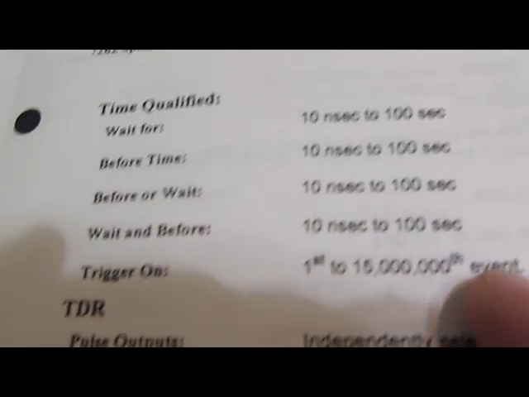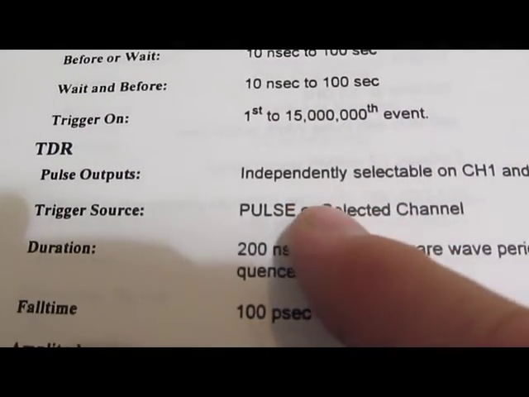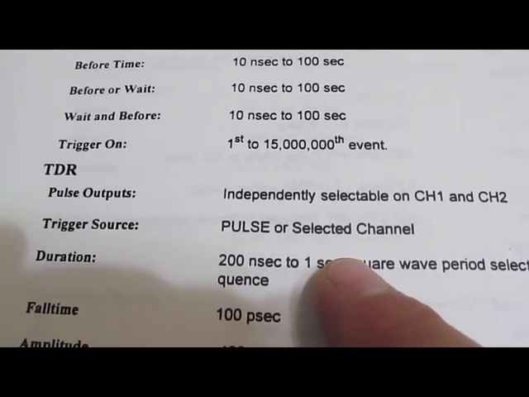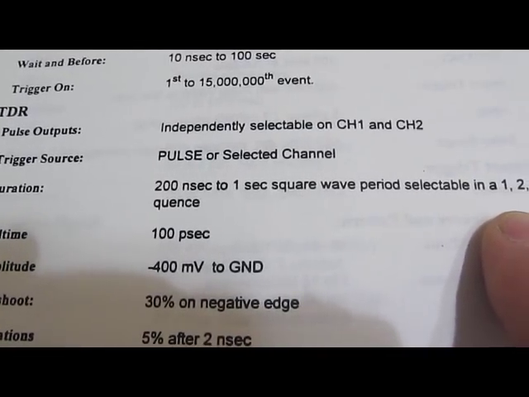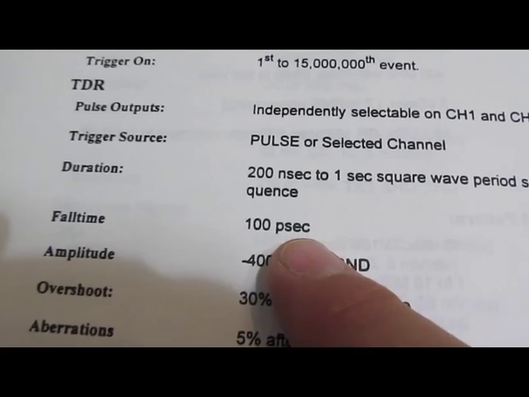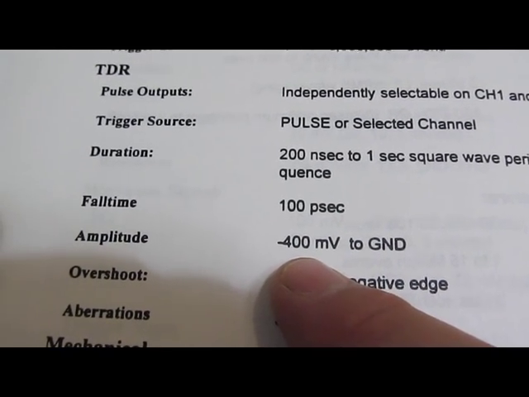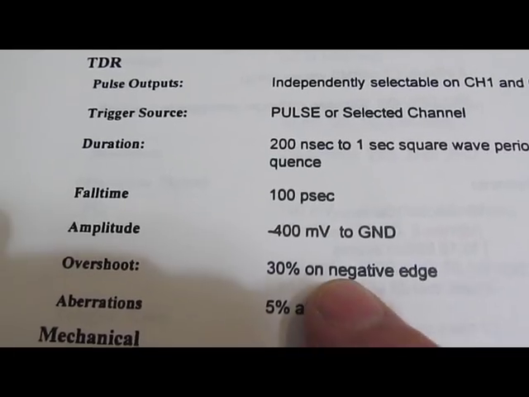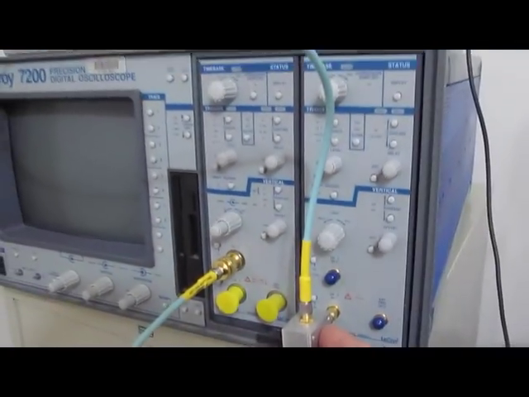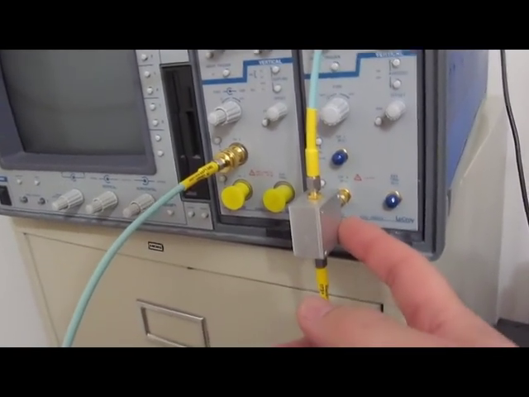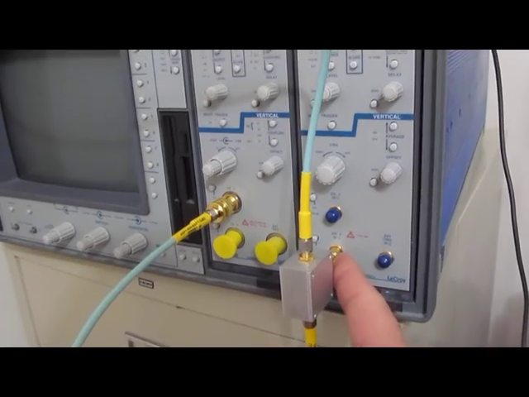If you look in the manual here, we can see a TDR measurement, independently selectable between channel 1 and 2, programmable rate, fall time 100 picosecond, minus 400 millivolts to ground. So it's an equal output. To demonstrate this feature, I'm going to connect a mini circuit splitter directly to the output of the 7262.